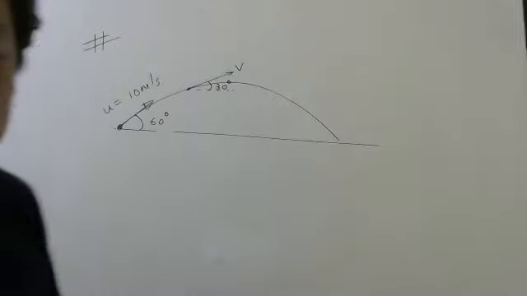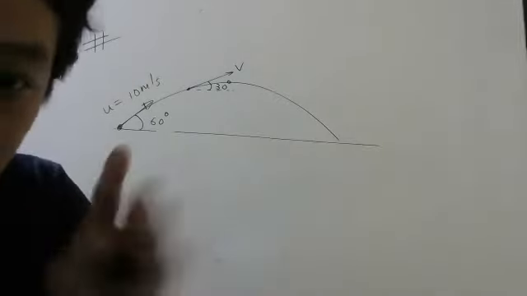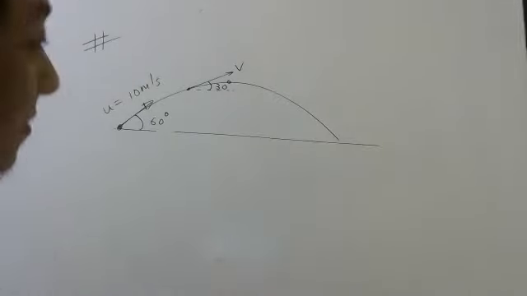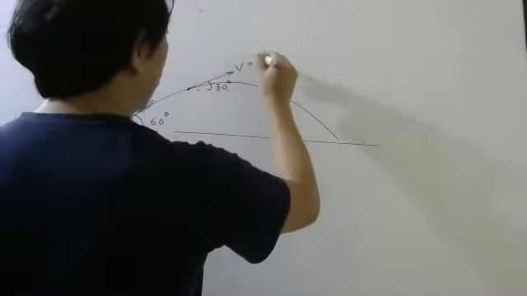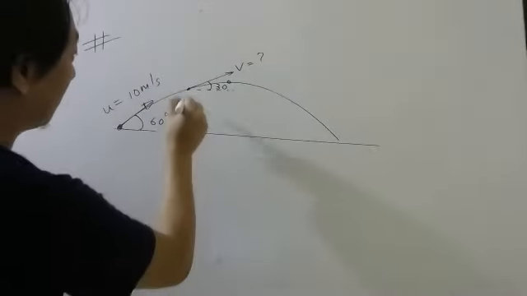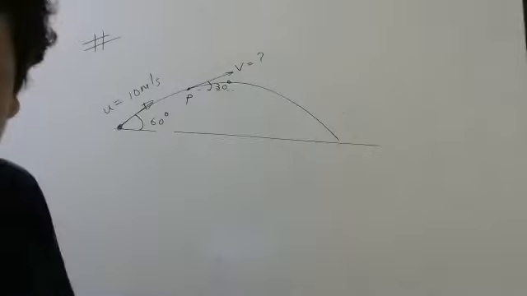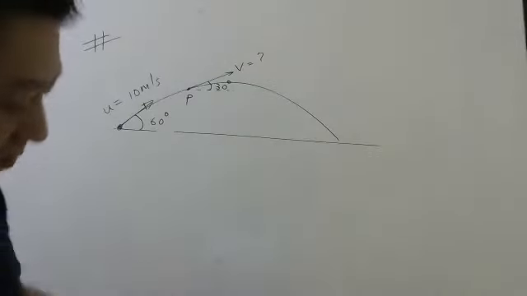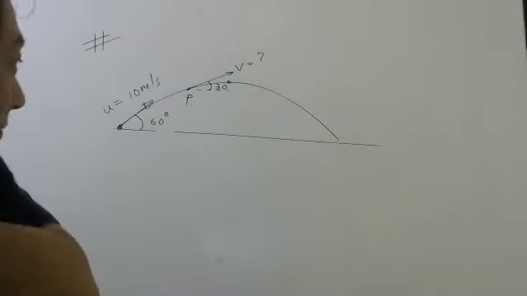Whatever numbers I have given to you, that will be given in your exams. My question is to find velocity at this point. Remember, that is not highest point, okay? This is some point here. Chalo, try this one.